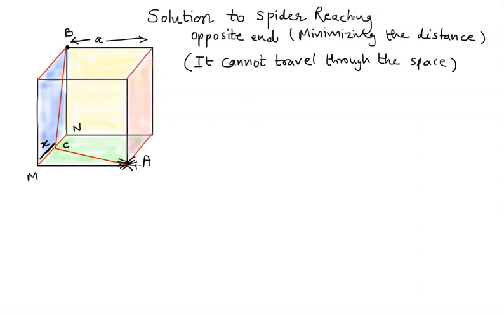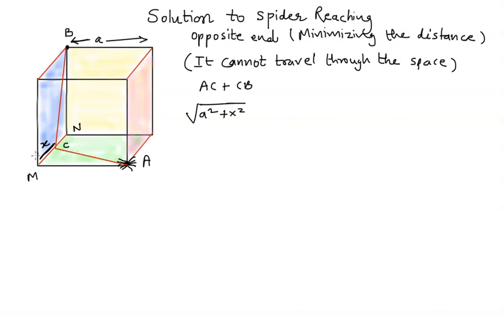So the distance that the spider traveled is AC and CB. So AC plus CB is the distance that the spider is going to travel. So AC is going to be the square root of a square plus x square, since AM and CM are perpendicular, and so AMC is a right angle triangle.